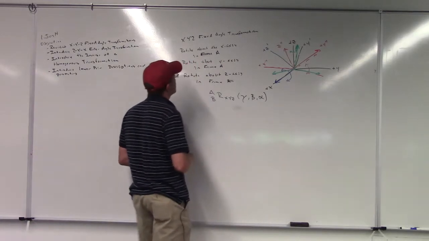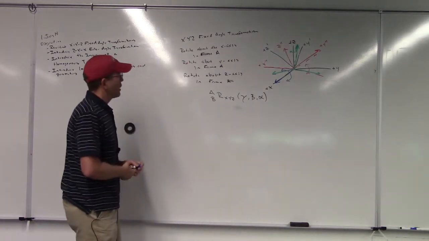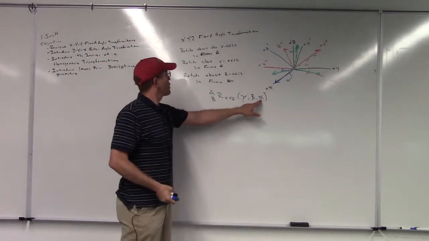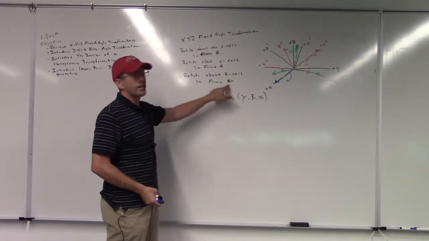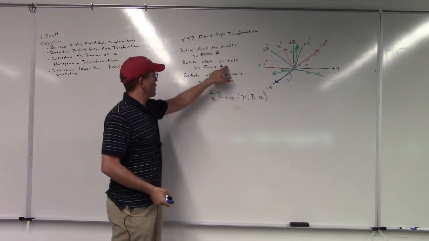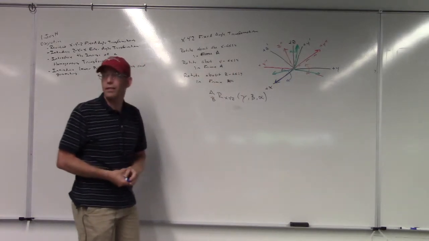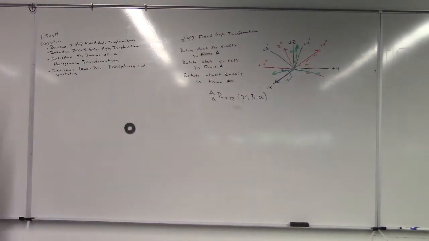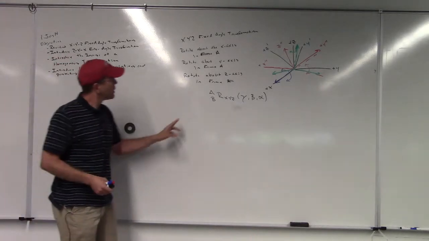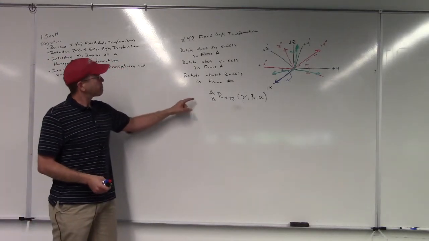We list these in that particular order because we know that our alpha is rotating about the z-axis, our beta is rotating about the y-axis, and our gamma is rotating about the x-axis. That makes sense? So it is backwards from the way we would think about it, but it does make sense to us, hopefully.